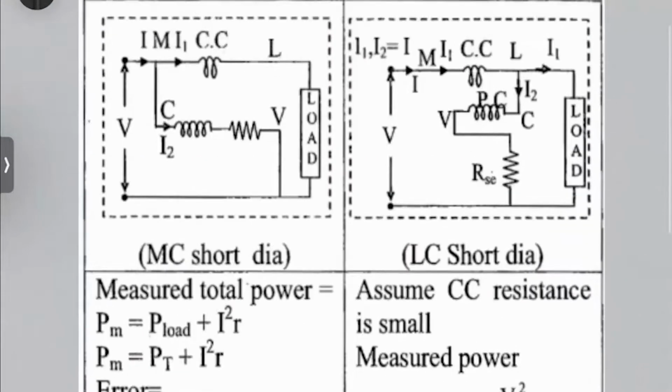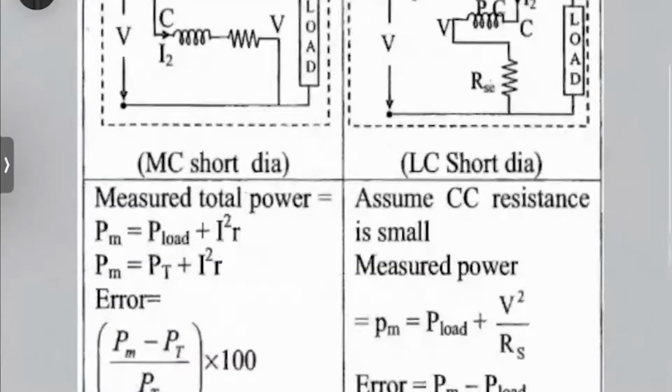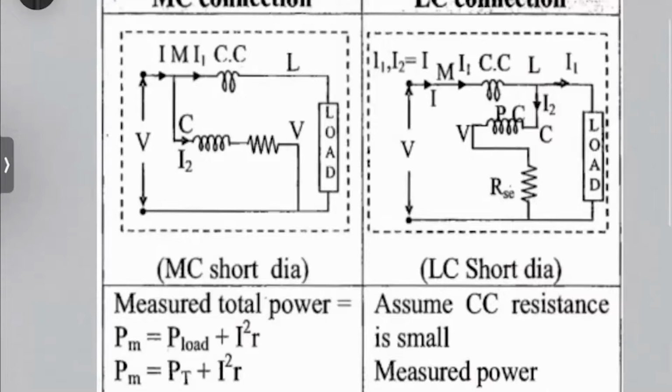In the form of loss, I square R loss is going to occur in the current coil. So this power is going to be wasted in the current coil, and this is going to make some error in the measurement. Let's take it that the load is taking 100 watts, but because of the wattmeter connection, along with the 100 watts, whatever power loss occurs in the current coil, let's say 10 watts, it is also measuring.